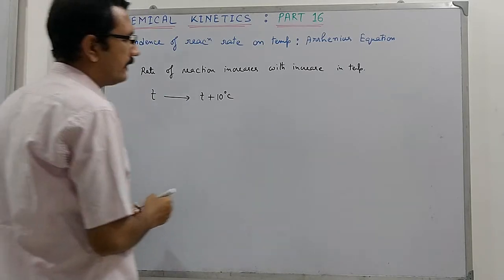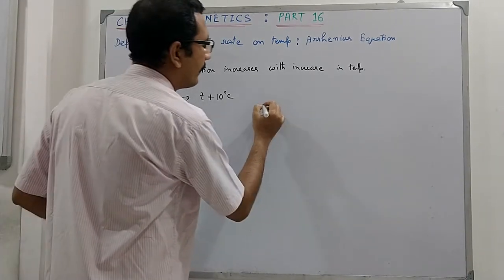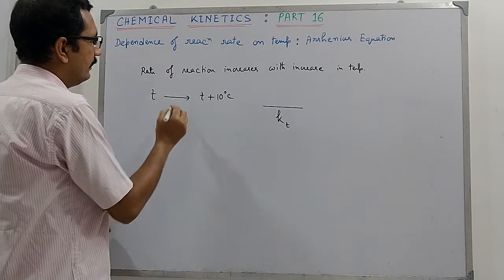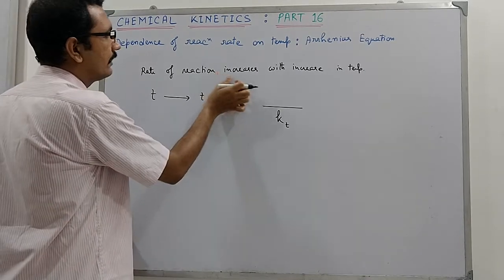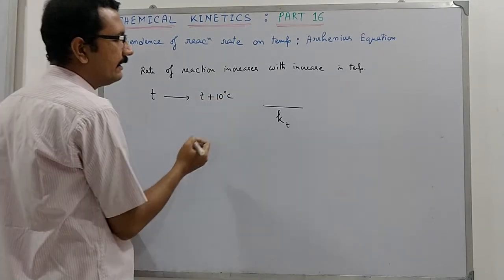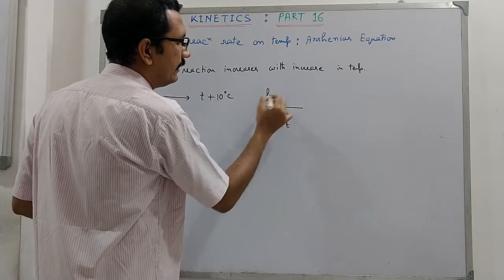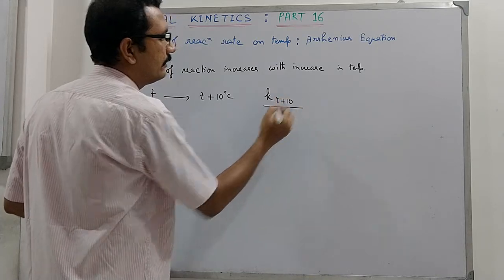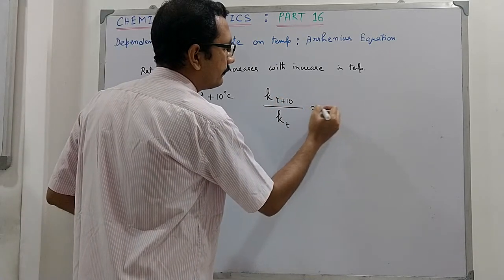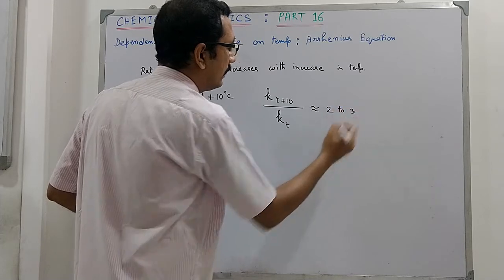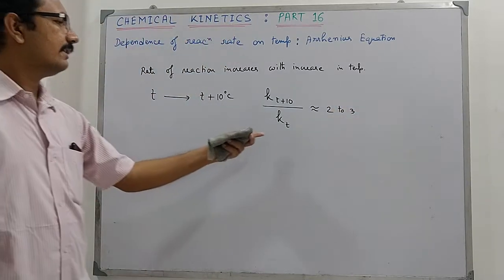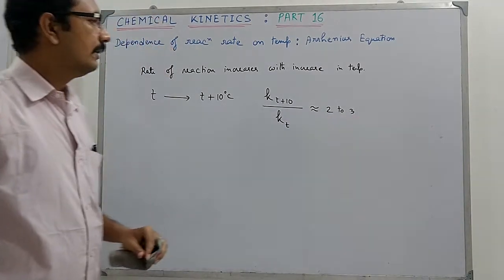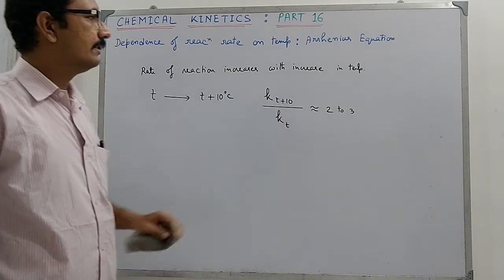So if a reaction is studied at temperature T, its rate constant say Kt, and then the temperature of the reaction vessel is increased by 10 degrees centigrade, and again the rate constant for the same reaction, keeping all other parameters constant, is measured. It is observed that the ratio Kt plus 10 by Kt remains between 2 to 3. So this is called the temperature coefficient.